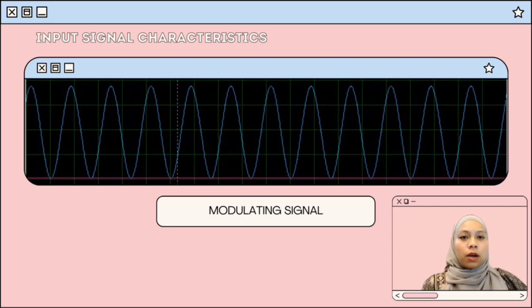Baseband signals are transmission signals that have their own original frequency range. Before being transmitted over the communication channel, the message signal or baseband signal goes through a process called modulation. The message signal is also referred to as the modulating signal as a result.